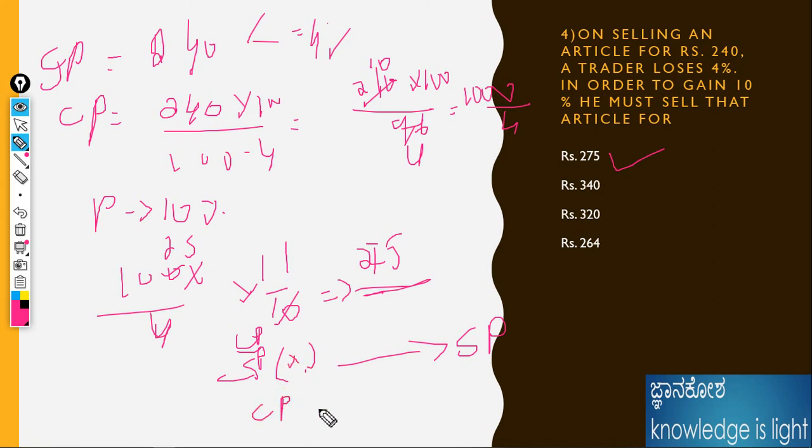If CP is given, then SP is CP times 1 plus the percentage divided by 100. If you know that, like 4 by 100, we can easily solve it. I will move on to the next question.